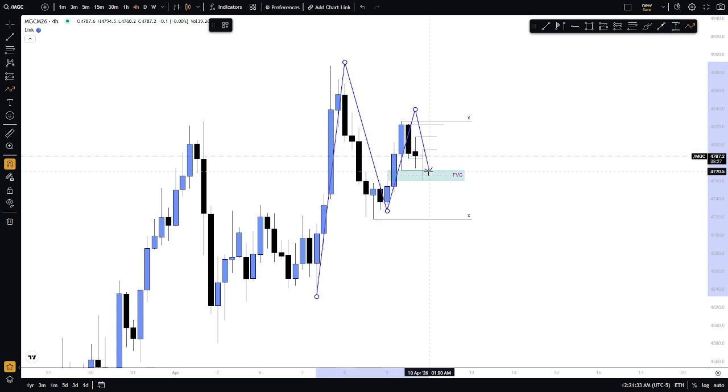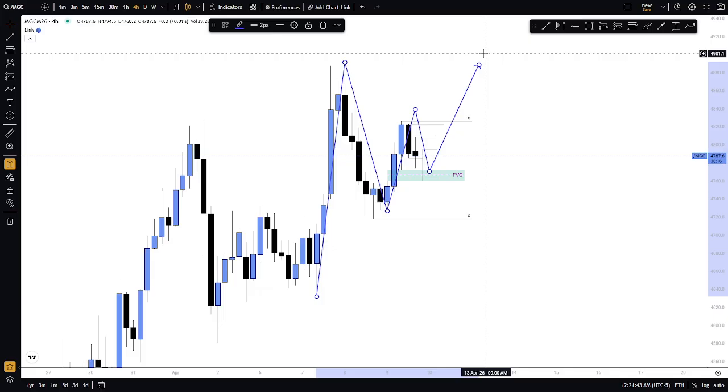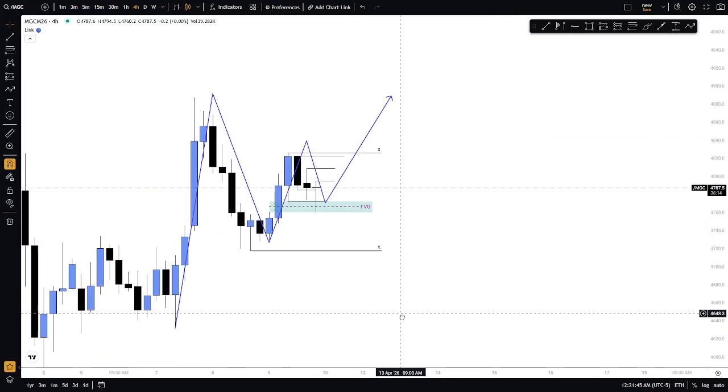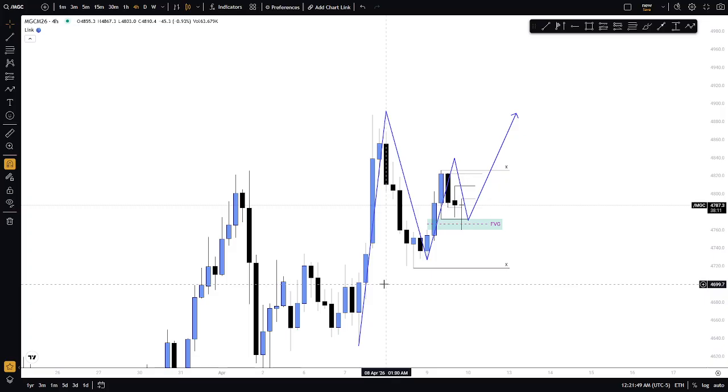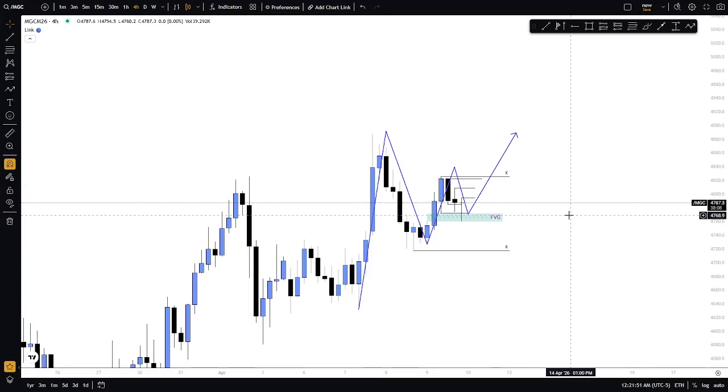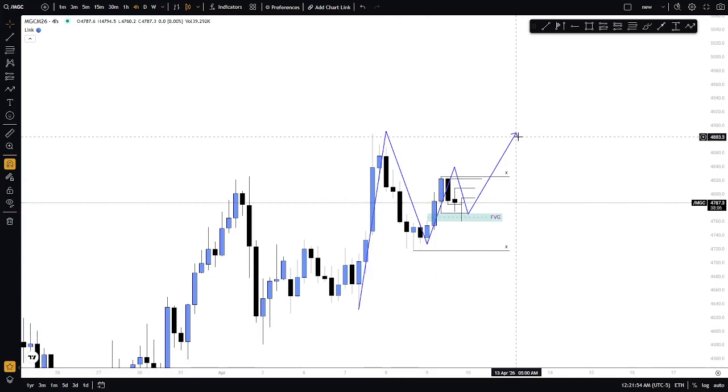fill the imbalance within this 4 hour time frame, and then proceed to trade to these highs to create a new higher high. So ideally, this is my trade setup, my overall projection for the market into tomorrow or into next week, Friday.